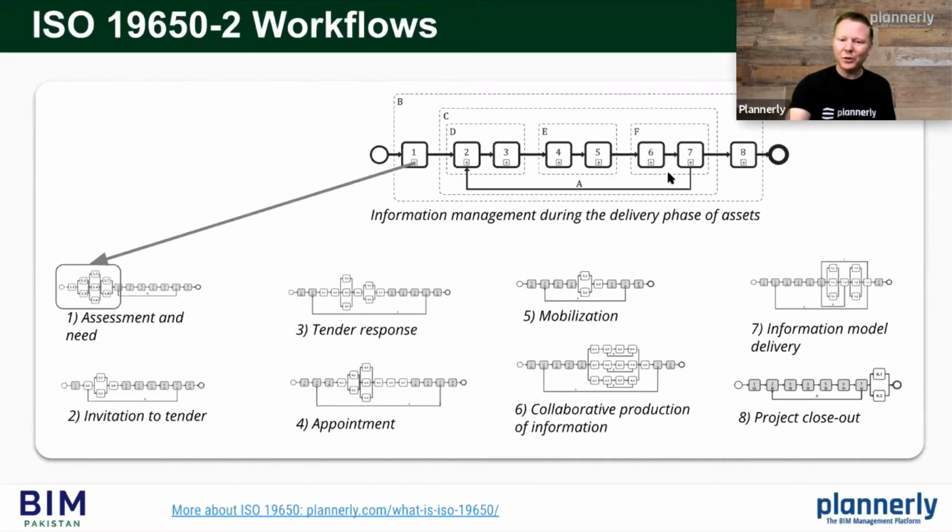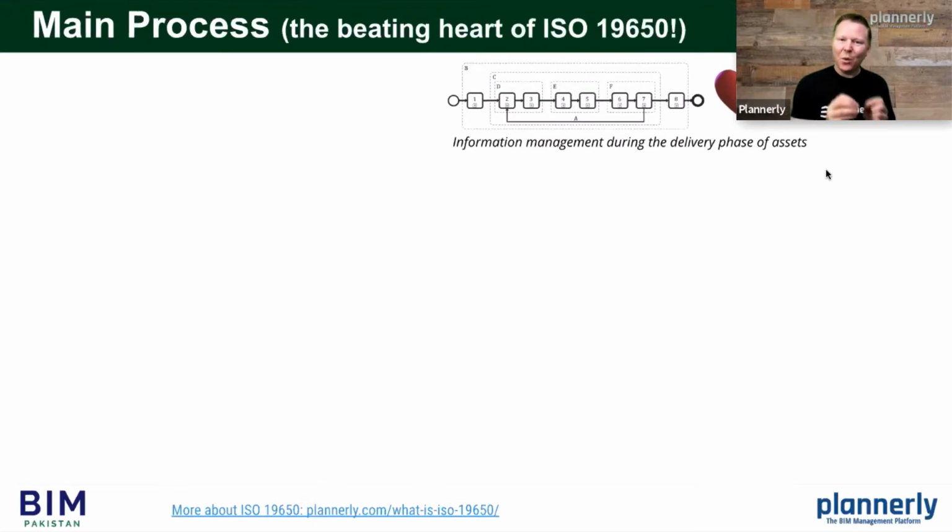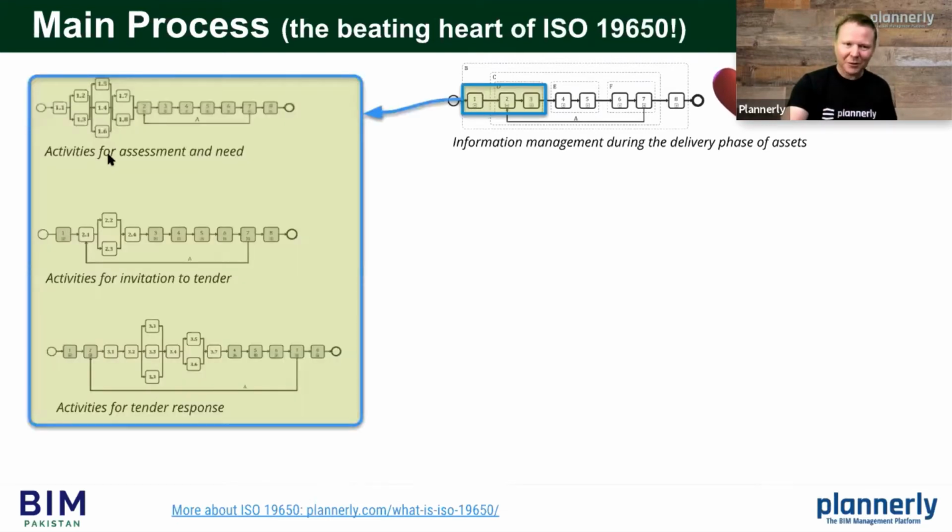So as we go through these different 8 steps, let's unpack a couple of those, so we can see how we go through it and what it actually means. So let's look at those first 3. The first one is this assessment and need. How do we understand what is required, who the owner is, and why are they doing BIM in the first place?